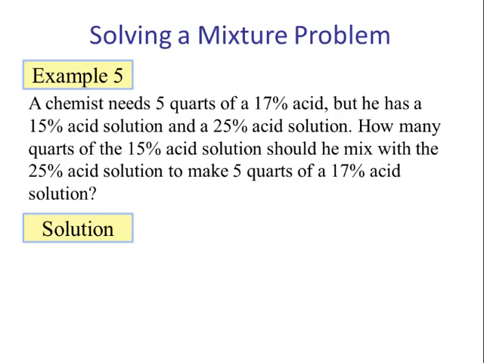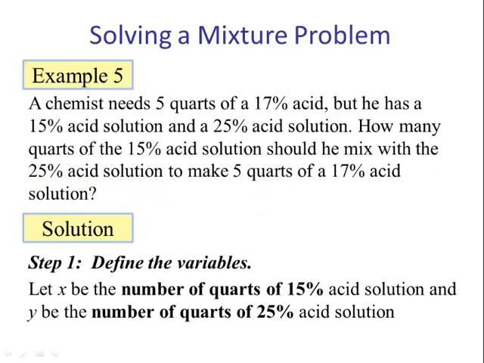So our first step is we want to define the variables. We are asked to find the number of quarts of the 15% acid solution and the number of quarts for the 25% acid solution. So we will let x be equal to the number of quarts of 15% solution and y be the number of quarts for the 25% solution.